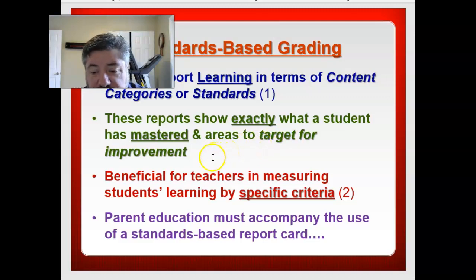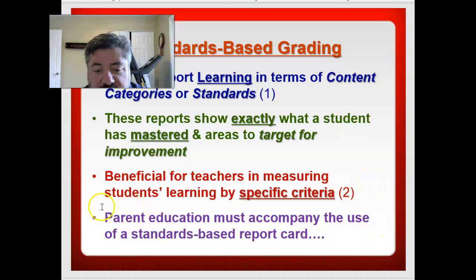This is beneficial for teachers in measuring specific student learning based on a criteria. So if you use standards-based grading and use a checklist with categories, you'll know what students have not met, and you'll be able to plan the next day's activities for that student. It's really easy to see on this report or on your form where improvement needs to occur.